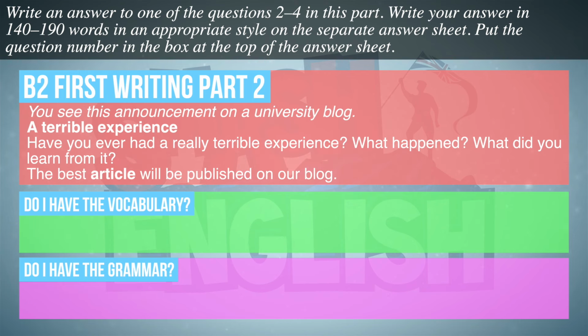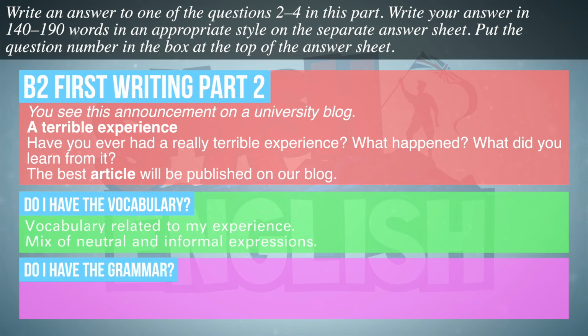For the article, I need vocabulary related to my specific experience, whatever that is. I need informal to neutral vocabulary related to this in order to write the article in the correct tone. I need the appropriate grammar to recount a personal experience, so the past simple, past continuous, and past perfect. If I can do this, then this is a good choice for me.